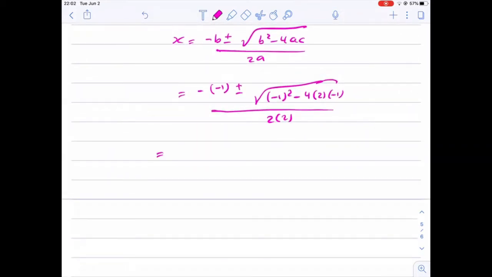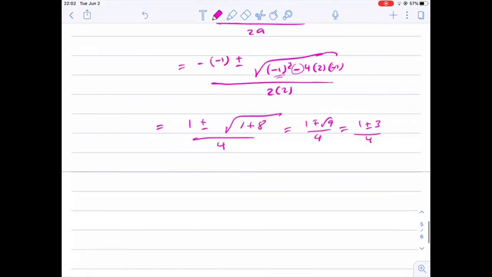Now we have -1 is +1, plus or minus the square root of -1 squared is 1, minus times minus is a plus, 4 times 2 is 8, over 4, and this is 1 plus or minus the square root of 9 over 4, and this is 1 plus or minus 3 all over 4.